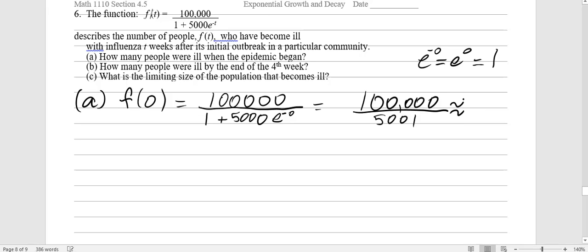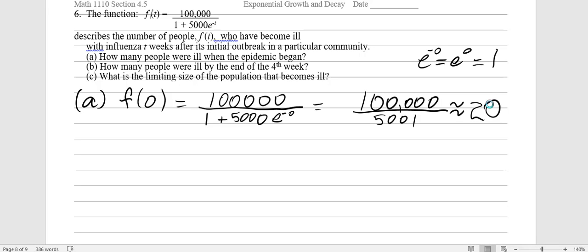So when the epidemic began, approximately 20 people were ill. So we get 19.996 and some more digits, and we're going to just round that to 20.